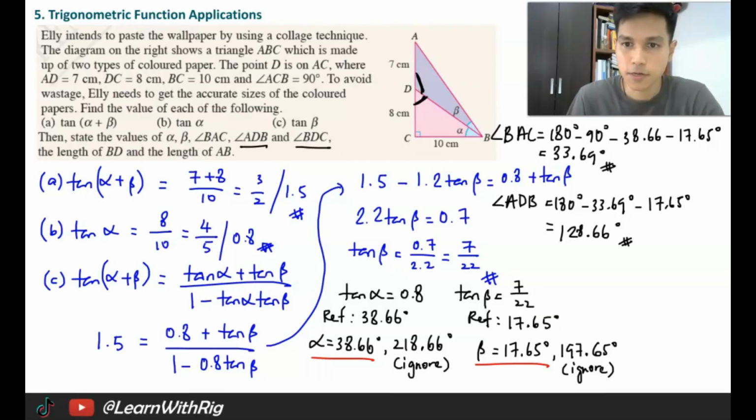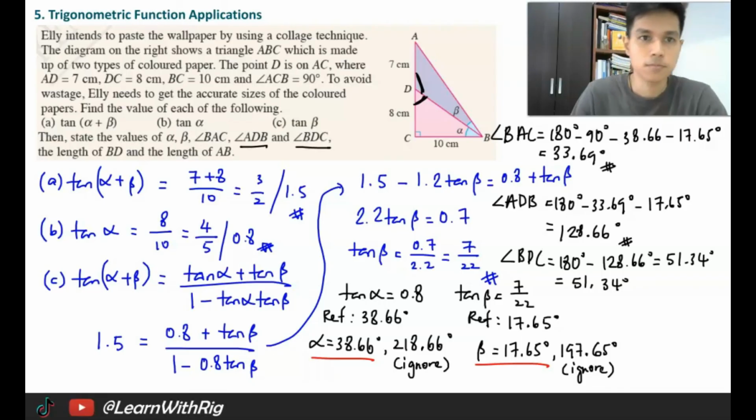So I will do that. Angle BDC equals 180 minus 128.66, so the answer is 51.34. Right here, 51.34. We are almost there.